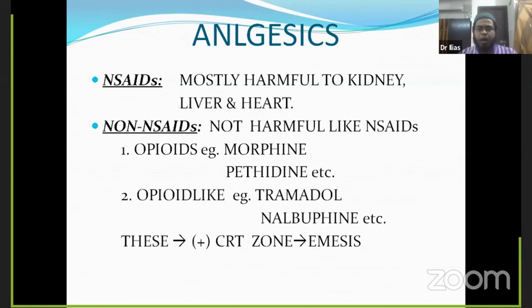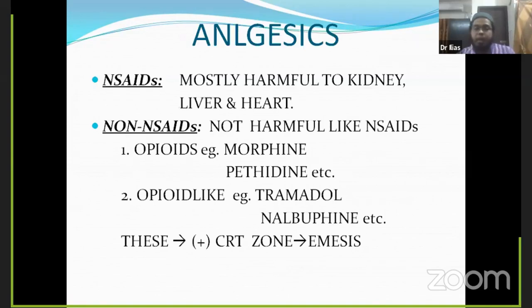If the patient has existing kidney disease or any kind of existing liver disease in the form of CLD or hepatic failure, or if the patient has ischemic heart disease or any previous history of angina or CABG, coronary artery bypass surgery, then we had better avoid NSAIDs.